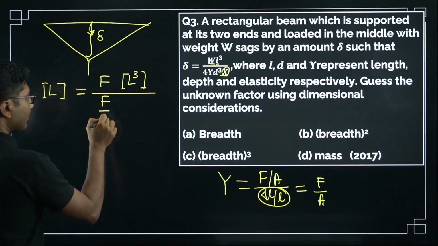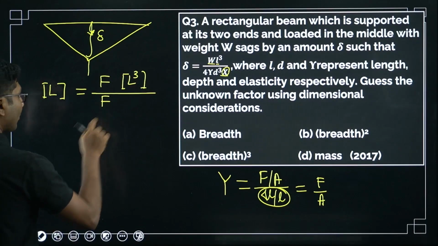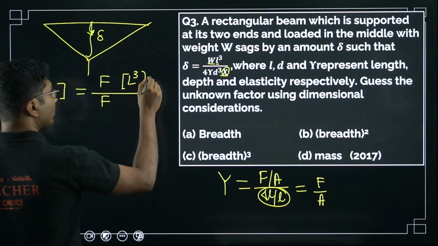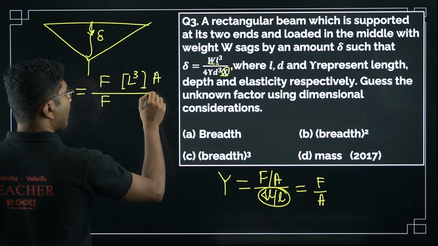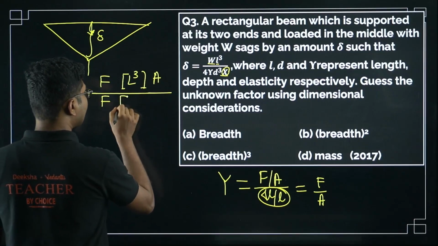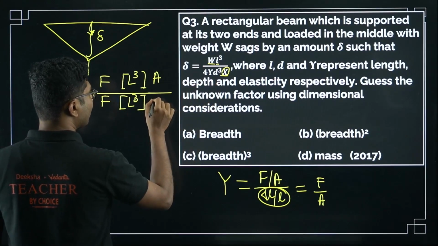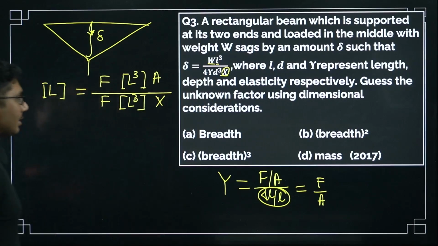Now this is a division of a division, so this force is getting divided twice, so it will be multiplied, so it will go up. Now what is d cube? D cube is depth, depth is another length, so it will also be L cube. And what is x? We don't know what x is, so keep it as x only.